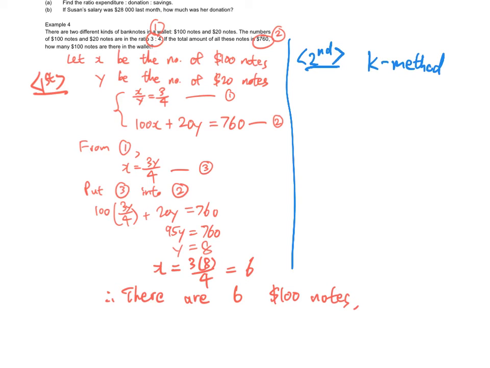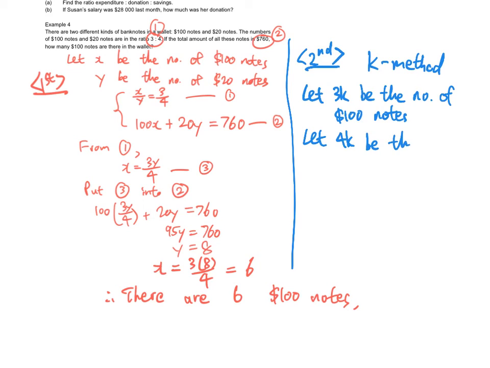K method. Based on the ratio, remember 3 parts and 4 parts. We can use the K to represent just like the parts. So 3 parts, that means 3K. 4 parts, that means 4K. So I suggest let 3K be the number of 100 notes, and 4K be the number of 20 notes.